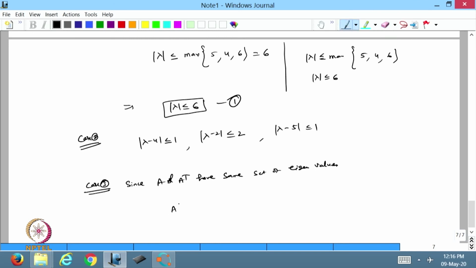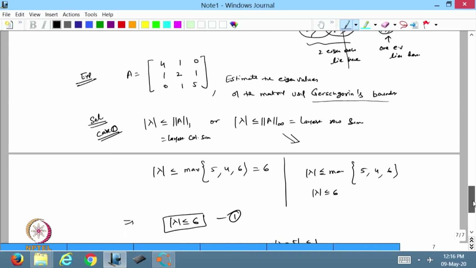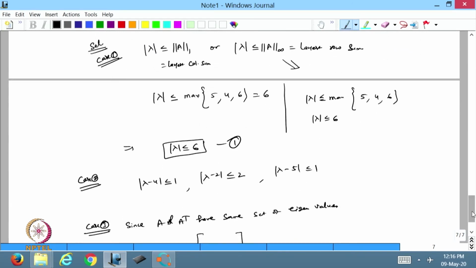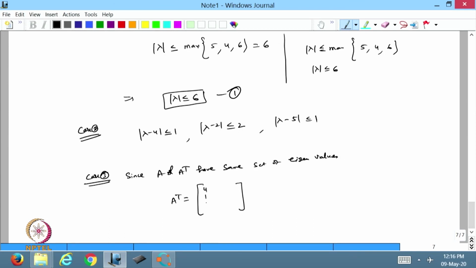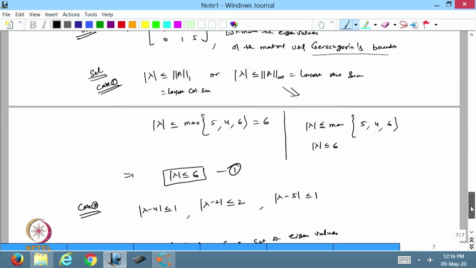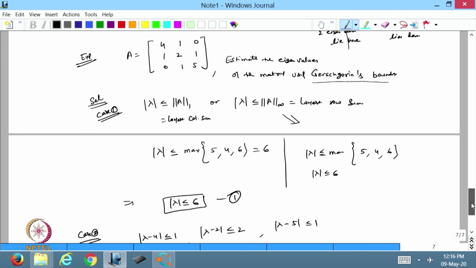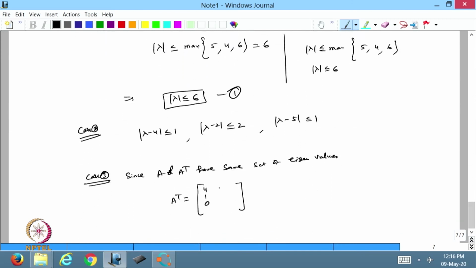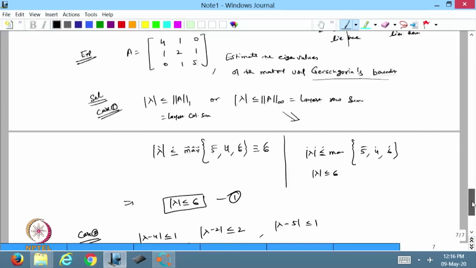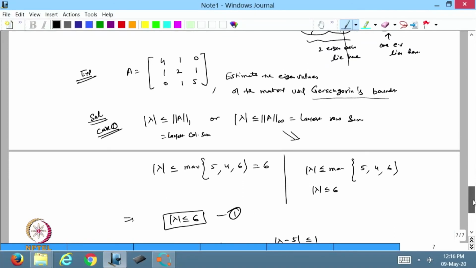So, I will get the matrix A transpose. This A transpose will be 4 1 0, 1 2 1, 0 1 5.